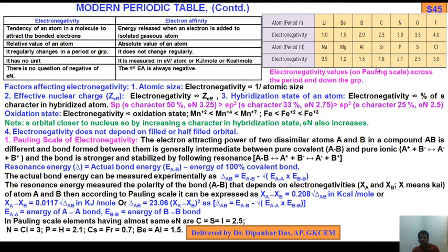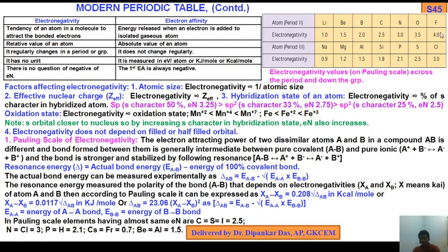Now, electronegativity values on the Pauling scale across a period and down a group. In period 2, lithium, beryllium, boron, carbon, nitrogen, oxygen and fluorine have electronegativity 1, 1.5, 2, 2.5, 3, 3.5, 4.0. In period 3, sodium, magnesium, aluminium, silicon, phosphorus, sulfur, chlorine have 0.9, 1.2, 1.5, 1.8, 2.1, 2.5 and 3.0. So along the period, electronegativity increases.